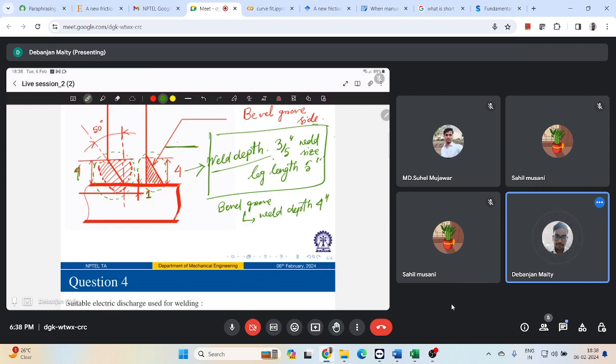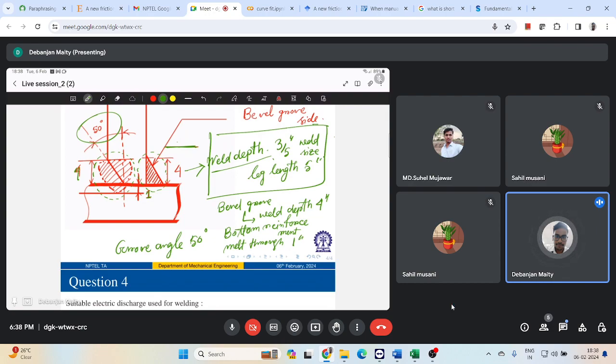This 1 inch is my bottom reinforcement of melt through. So this is my bottom reinforcement melt through as 1 inch. And this is my groove angle as 50 degree, correct?